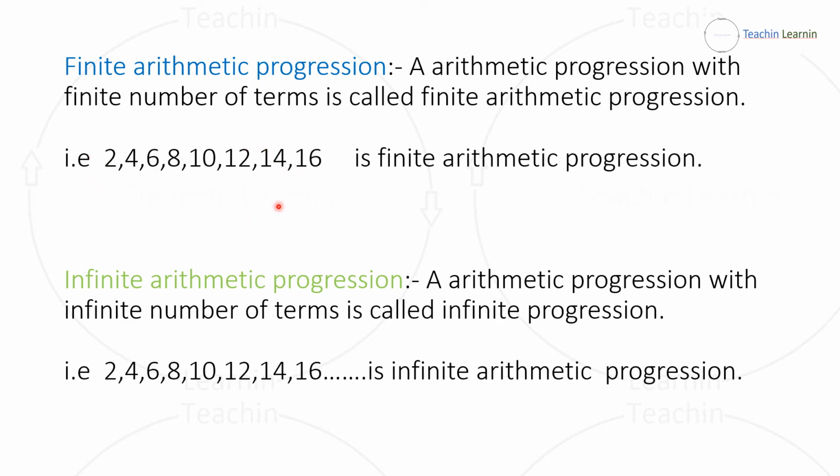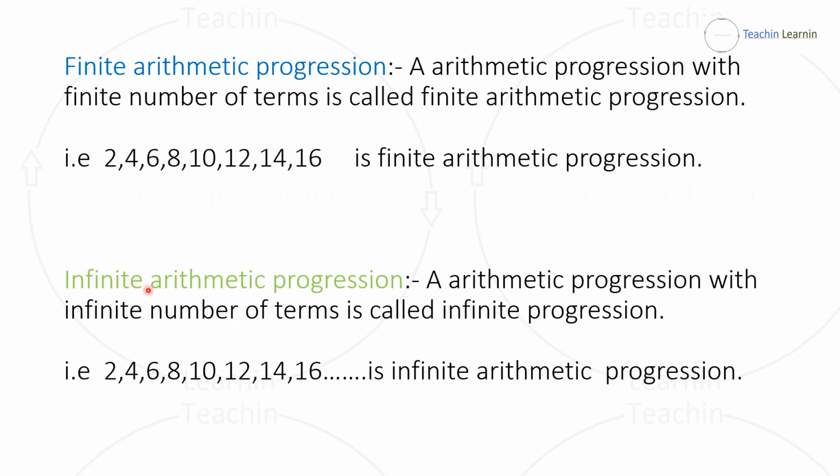These terms form an arithmetic progression, but the number of terms is finite. And how many terms does this list of numbers have? 1, 2, 3, 4, 5, 6, 7, 8. So this list of numbers has 8 terms and is fixed. So it is called finite arithmetic progression.